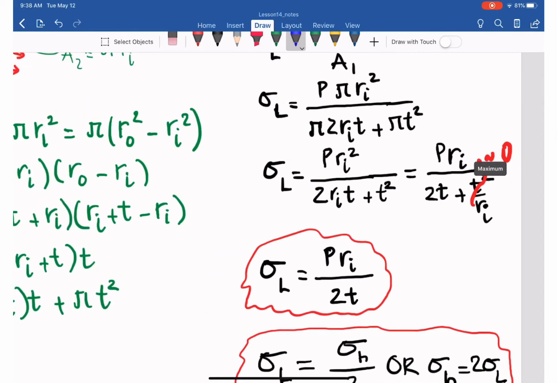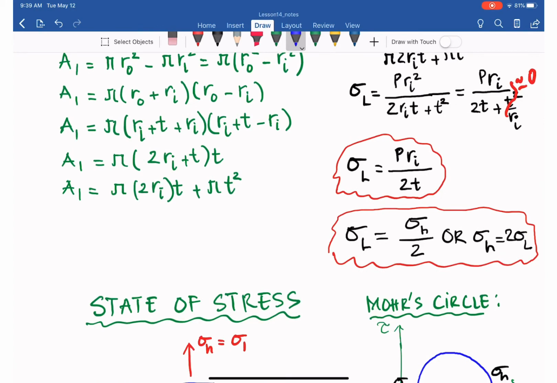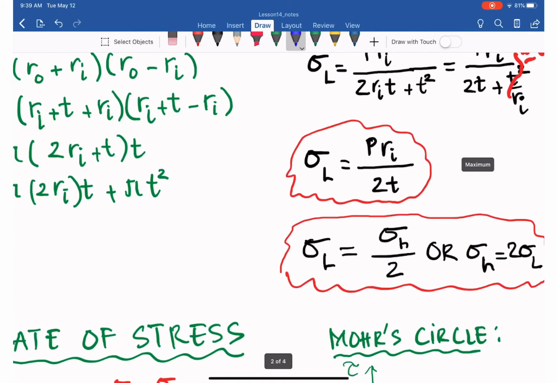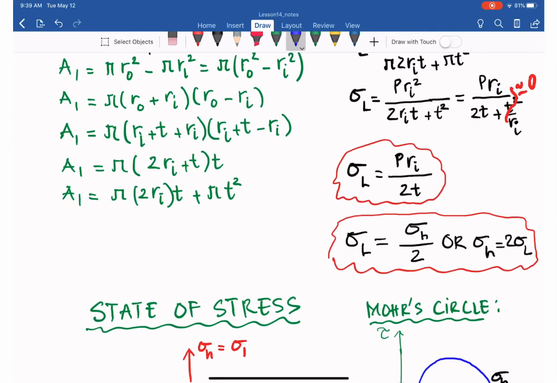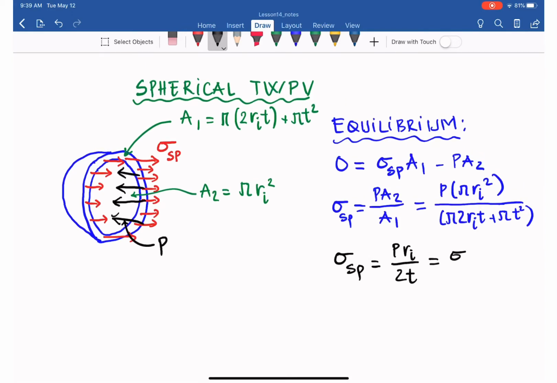And yes, exactly the same as these scenarios, as you can see. From that we approximate, because t is very small compared to the inner radius, that the sigma longitudinal along the longitudinal axis is P r over 2t, the same equation, so we have exactly the same for the sigma of the sphere. It is also P r over 2t, and it is actually the same as the sigma longitudinal axis for the cylindrical tank.